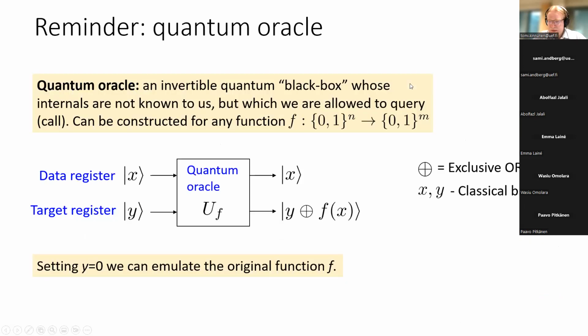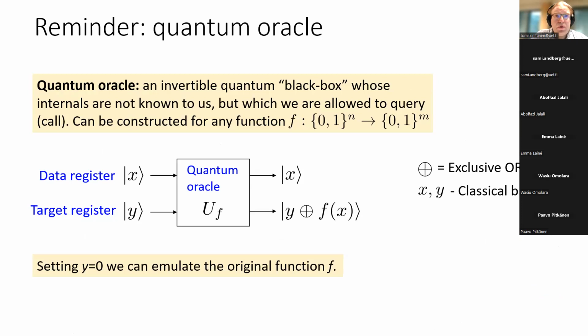Right. So last week we talked about the quantum oracle. I will repeat here briefly what the idea was. The quantum oracle was basically a construction that we need to build if we have an arbitrary binary function, let's say mapping a binary sequence to another binary sequence, which may not be an invertible function.